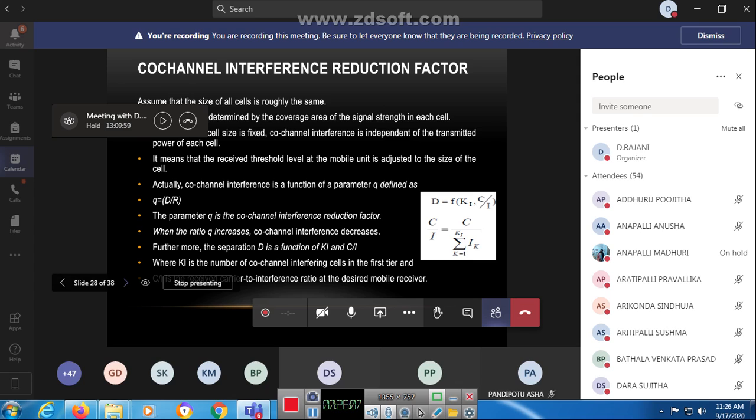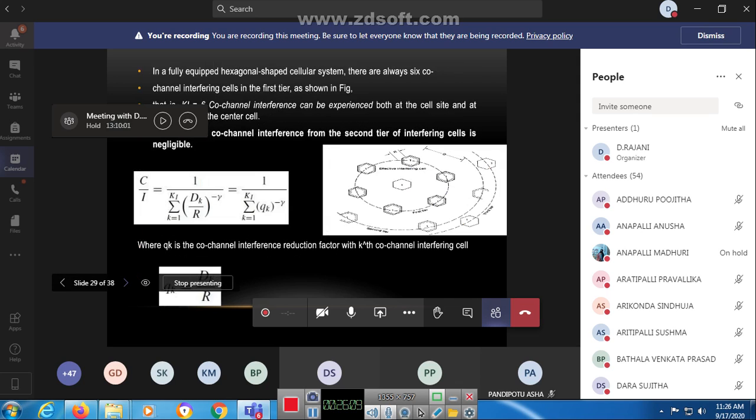Looking at this cluster, how many cells are there? 1, 2, 3, 4, 5, 6. So this circle has 6 co-channel interfering cells, and in this cluster or section we can consider this co-channel interference.